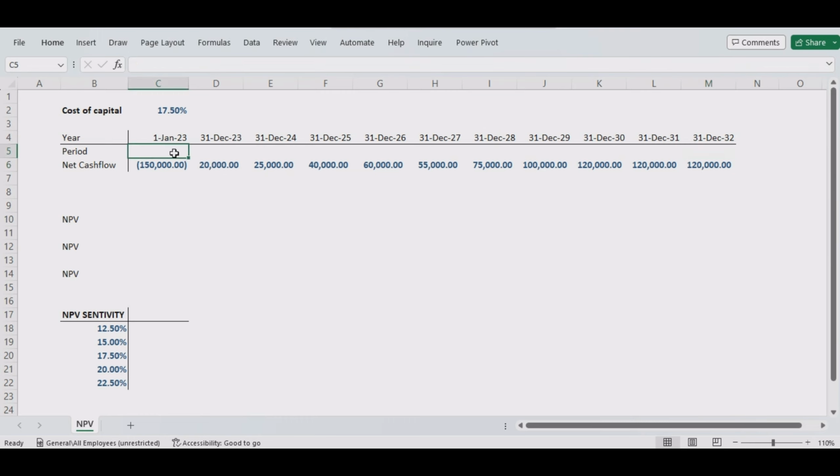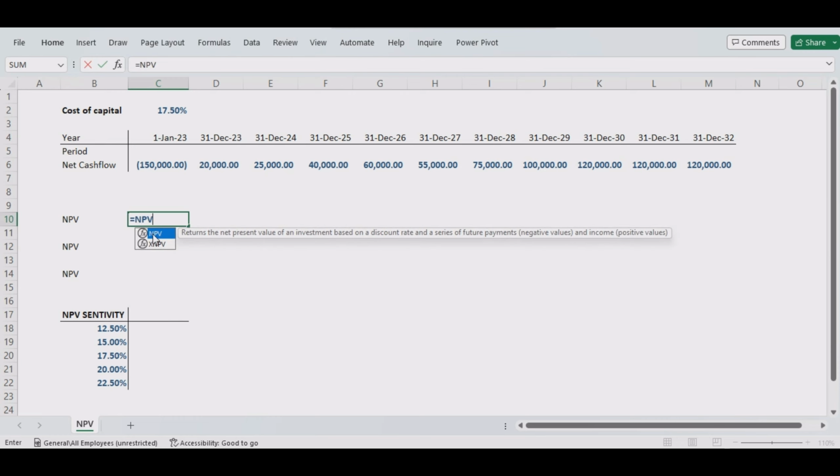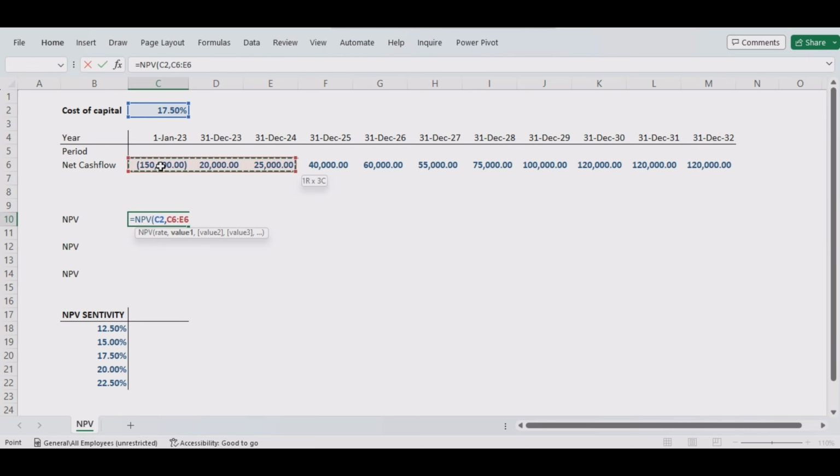So the question is, how do we find the net present value? What is common is for us to just come to Excel and type equals, then NPV, then we have the rate. What's the rate? You see 17.5. We come there, then we enter the values, value 1 up to, so we come and select these values. Then once you do that, we press enter.